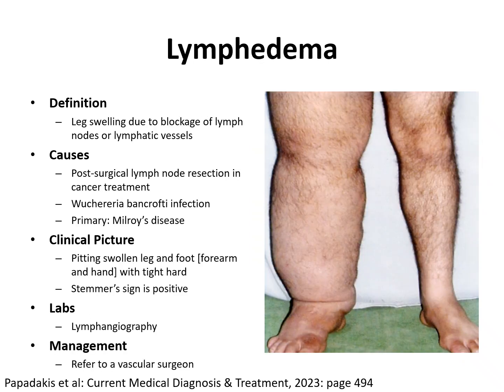The next cause of a swollen limb, usually again unilateral, but sometimes it could be bilateral, is lymphedema. Lymphedema is defined as leg swelling due to blockage of lymph nodes or lymphatic vessels. There are a number of causes. It could be post-surgical lymph node resection for cancer treatment. This patient might have had genital cancer, whether it be cancer of the penis or cancer of the vulva.